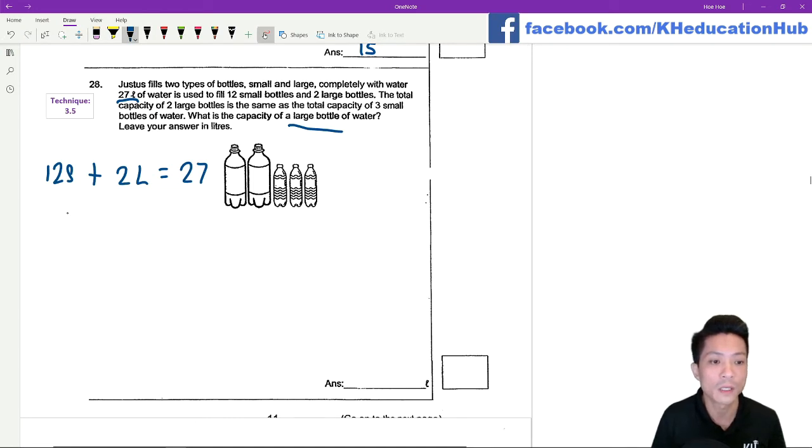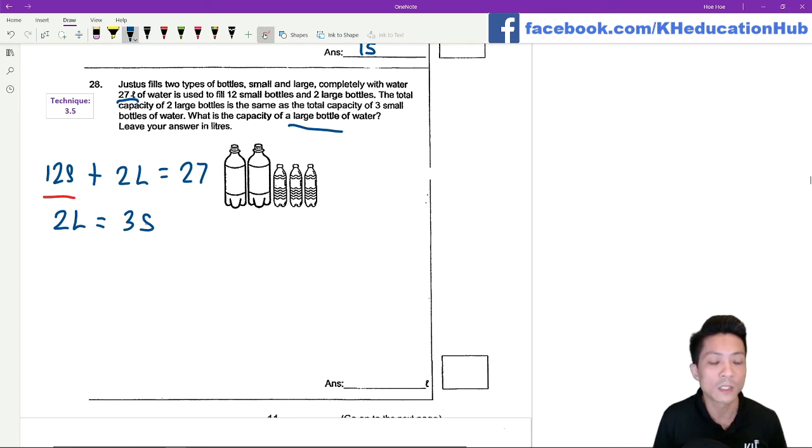Okay. Since 2 large is equal to 3 small, and they are asking for the capacity of a large bottle, we are going to try to replace the 12 small.